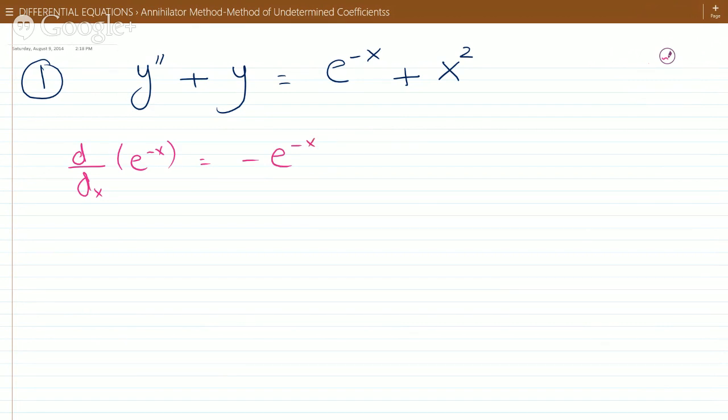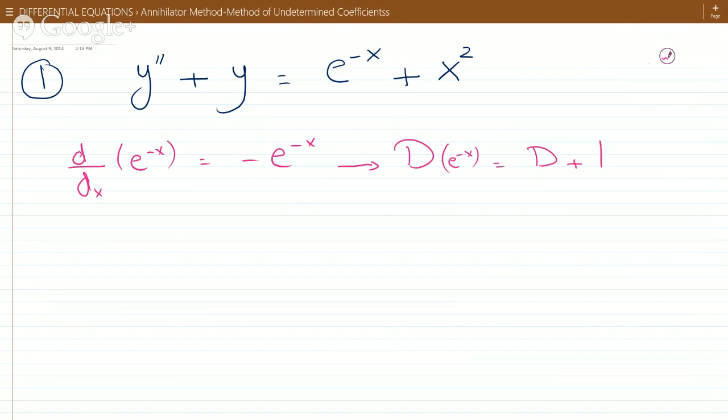So if I just add e to the minus x to the original, I would get 0. So that means the annihilator for e to the minus x is just the first derivative plus the original.